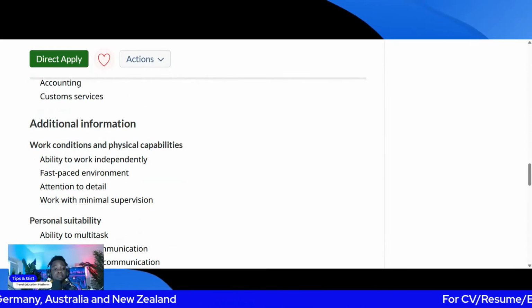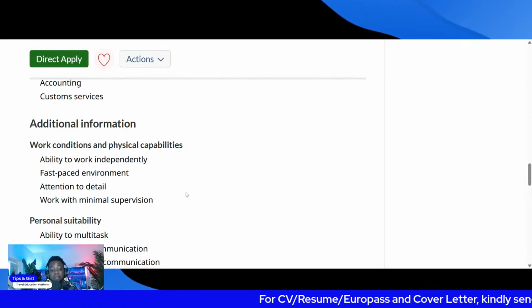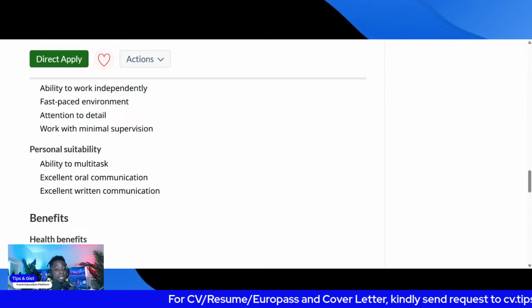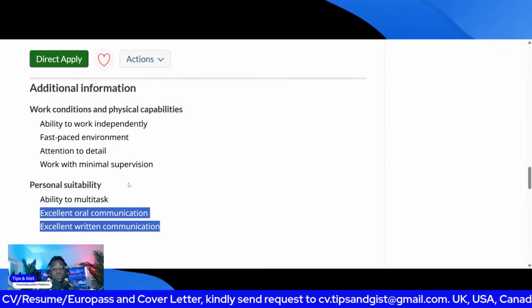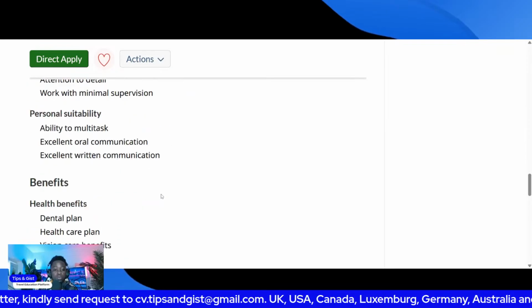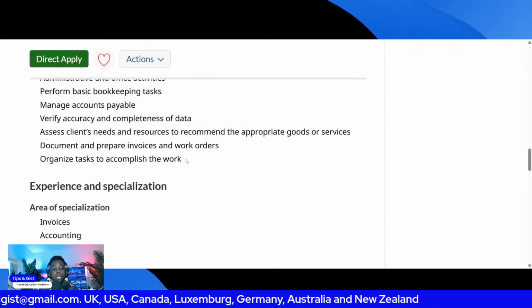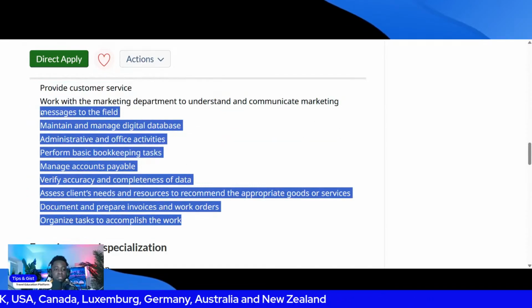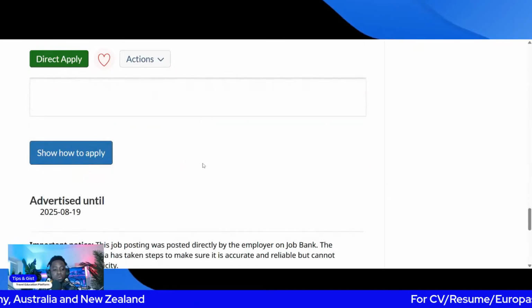Then they have the additional information like ability to work, attention to detail, fast-paced environment, ability to multitask, excellent oral and written communication. All these are something that you have to feature on your resume. It is going to help you. These are what we call the skills or the strength. And this is what we call the work experience. All right. Now, these are the things you have to consider.